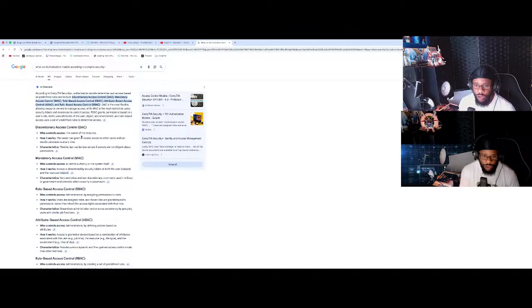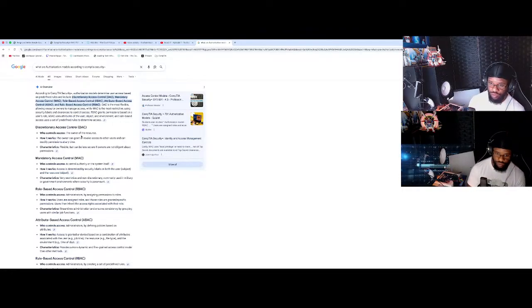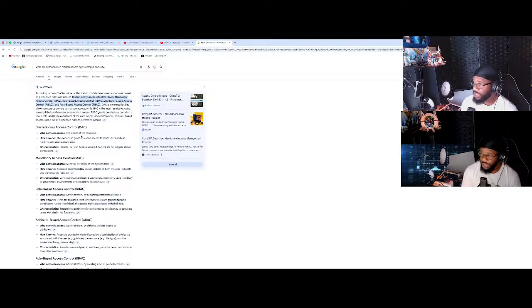And then what we're talking about, DAC, which is the most flexible, allowing resource owners to manage access. Right. So maybe I have created a folder, and I can determine myself who's going to have access to this folder. So I have a little bit more granularity and control over that folder. Then we already talked about MAC, RBAC, which grants permissions based on a user's role.